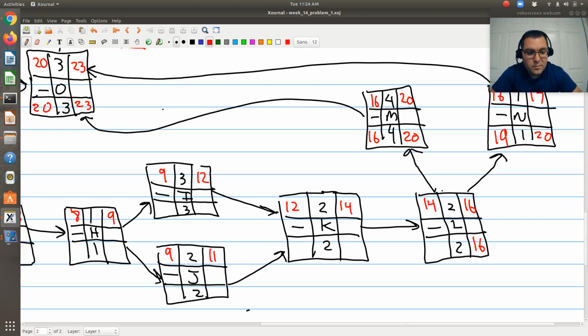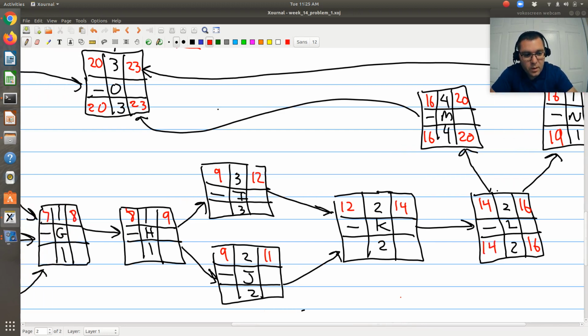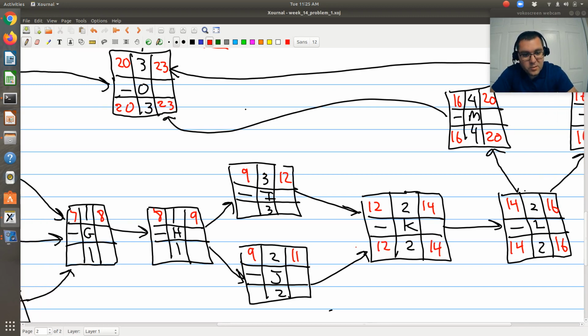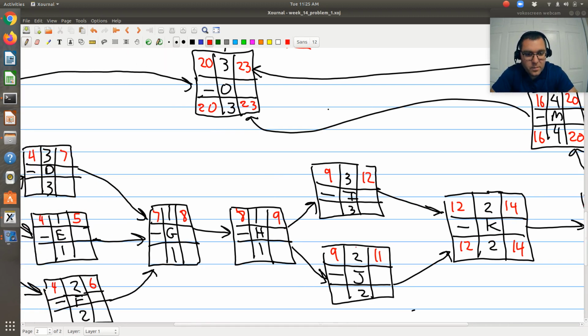So L's latest possible finishing time is day 16, with a duration of 2, so its latest possible starting time is day 14. L just has a precedence of K. So K's latest possible finishing time is day 14, with a duration of 2, so its latest possible starting time is day 12.